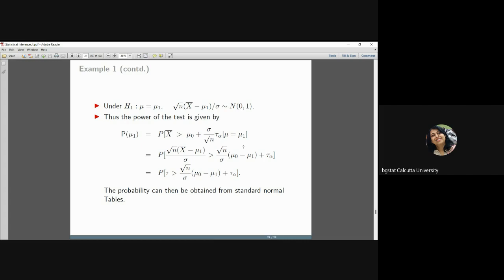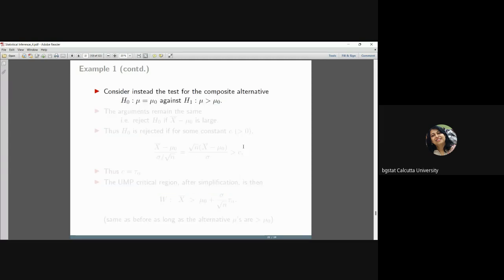This power function is the probability of the standard normal being greater than this quantity, root n by sigma times mu naught minus mu 1 plus tau alpha, where tau alpha is the appropriate tau for the pre-specified alpha. So this is how you would calculate the power of this test.